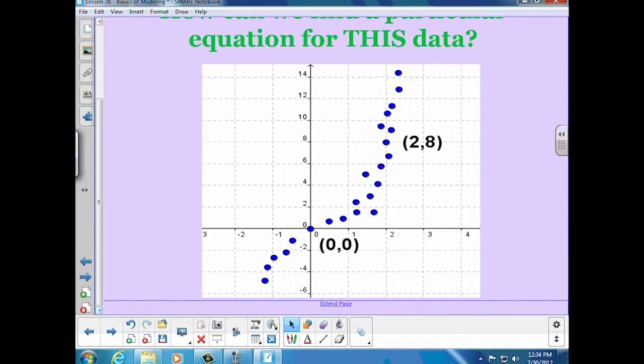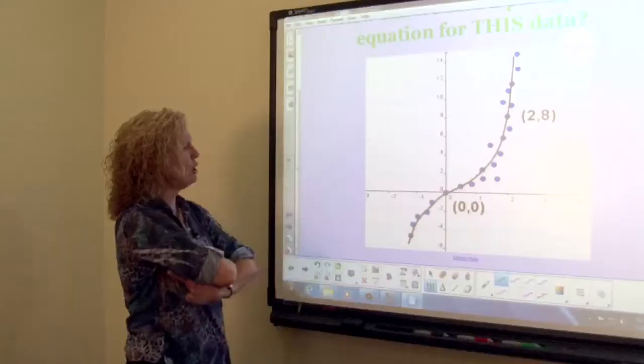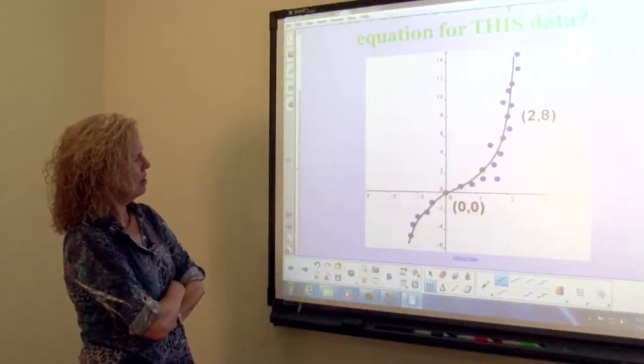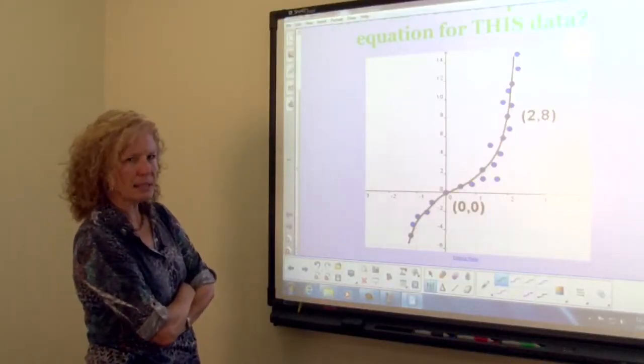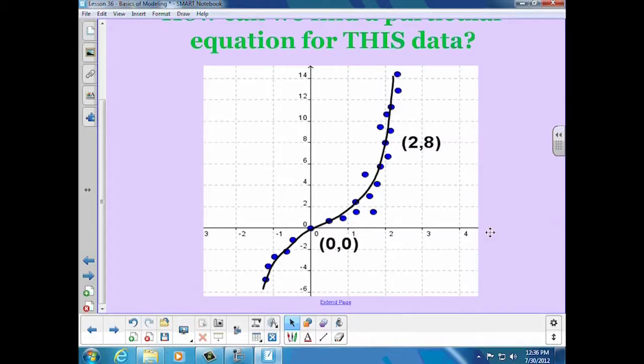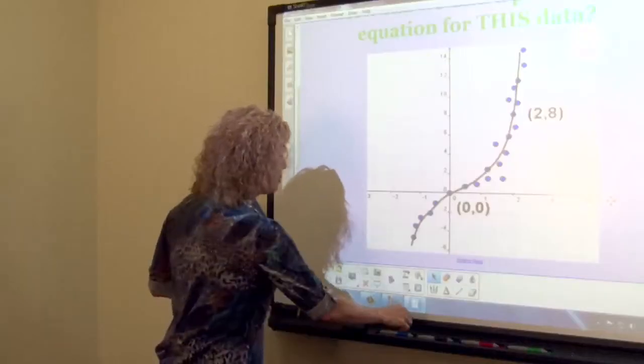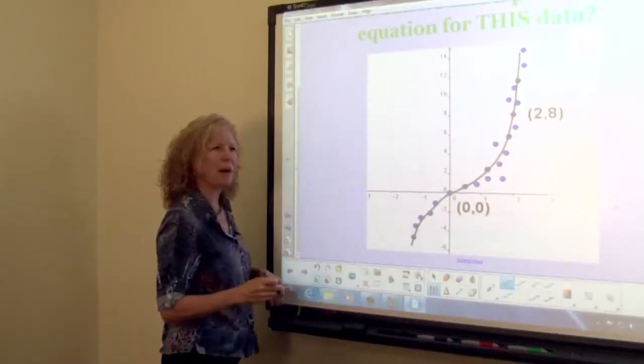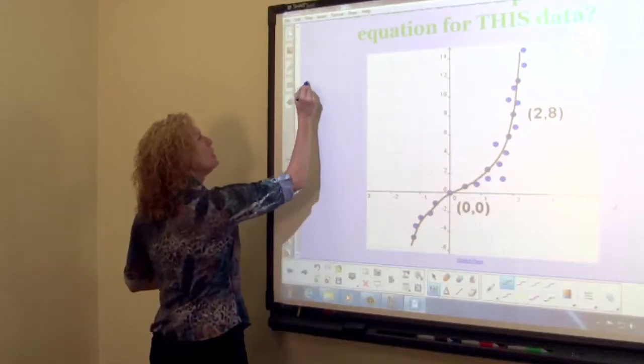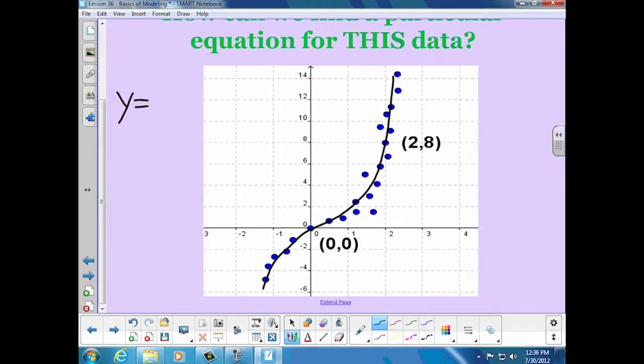Well, as I look at that, it's kind of doing an S curve, and I realize that's not exponential. It doesn't look linear. So as you look at that graph, what you might start to remember is that it kind of looks like a power function, which is y equals x to the n.